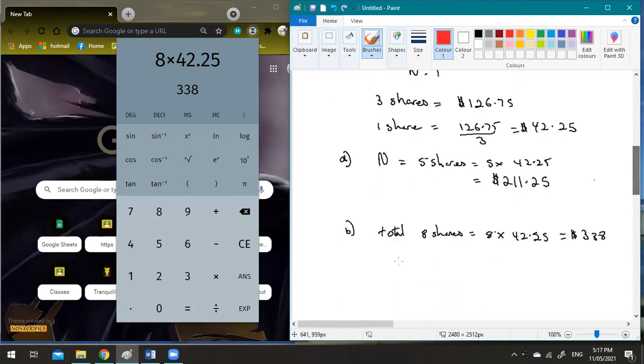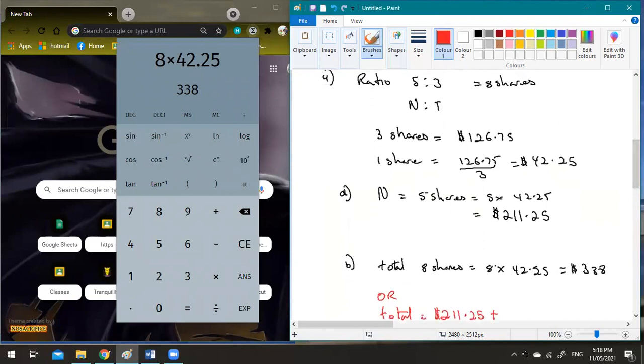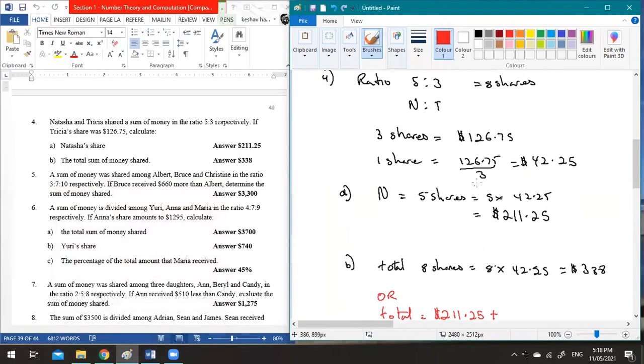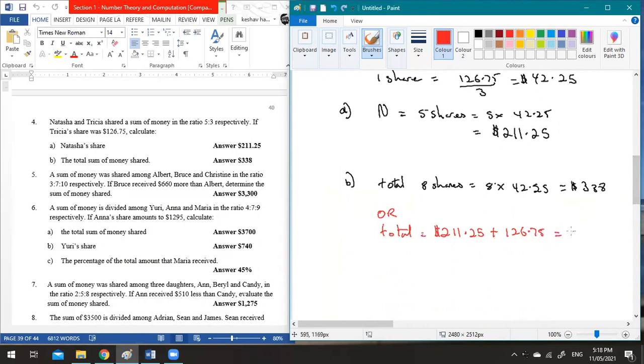Or we could say that we add the 2 amounts that we have. Because Natasha got $211.25, and Trisha got $126.75. And if you add it up, you're still supposed to get $338. So you have 2 ways to do that one.